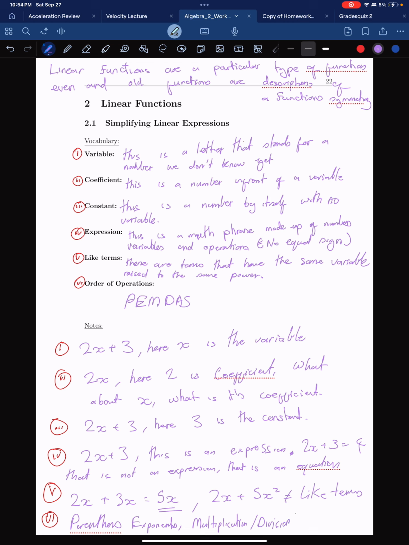And then after you've done those 4 in order, you do any addition or subtraction. All right, awesome.